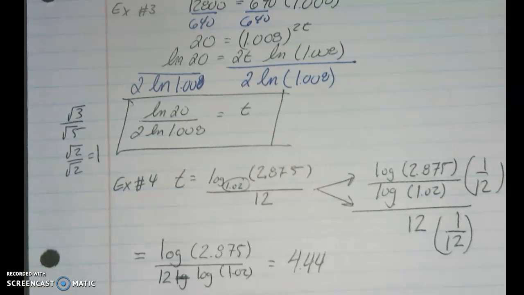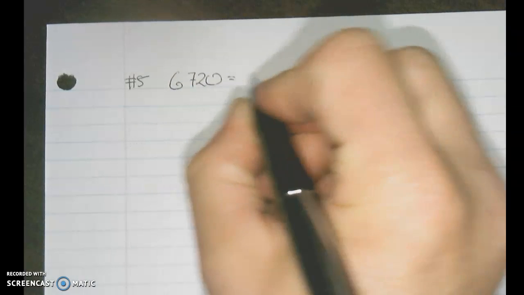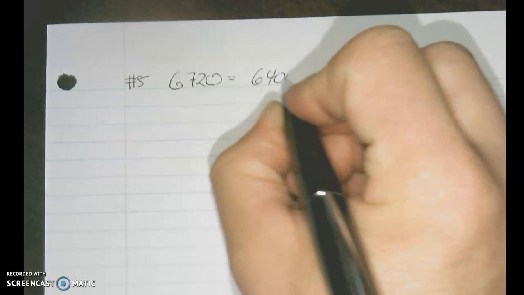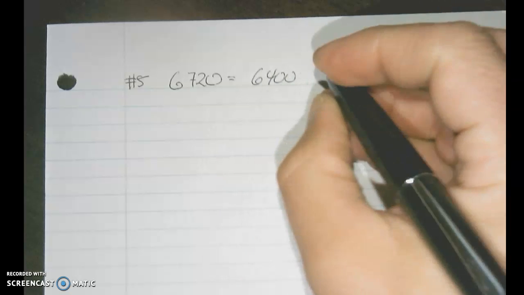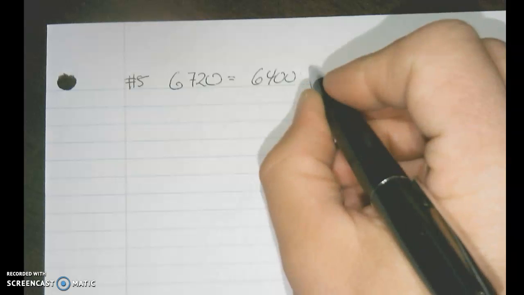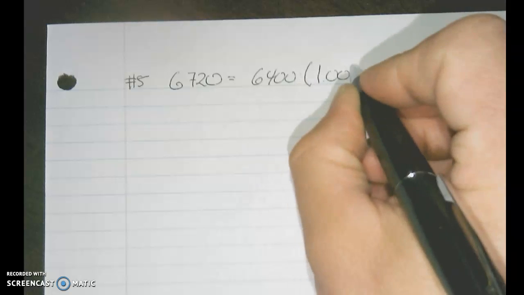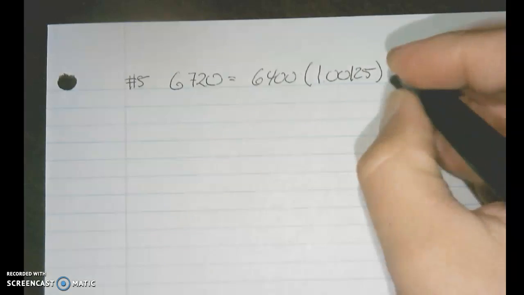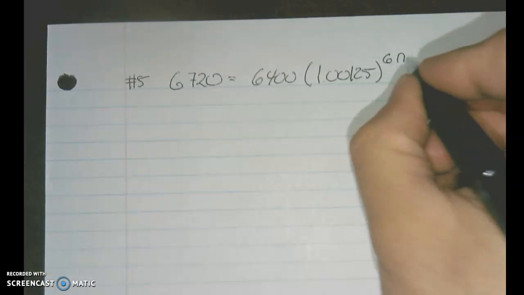Okay, so our last one, just to make sure we got it, is going to be this guy equals 6,400, excuse me, and then we're going to have 1.00125 to the power of 6n.